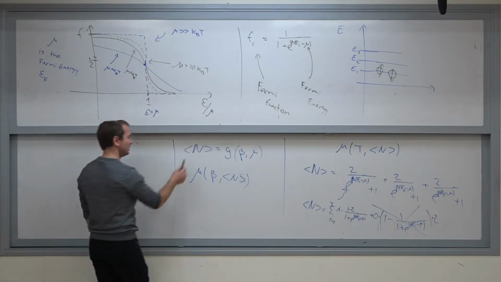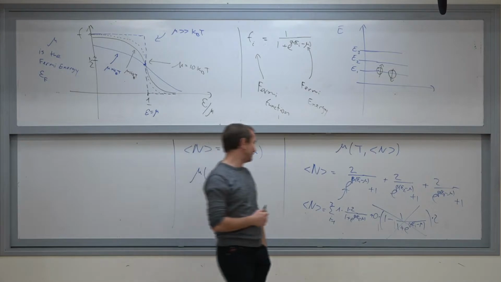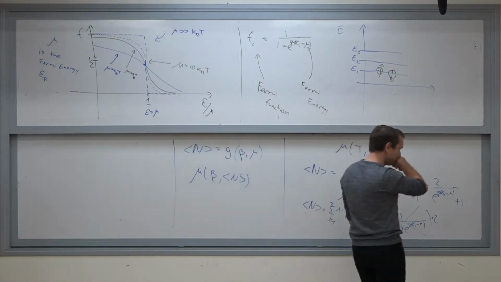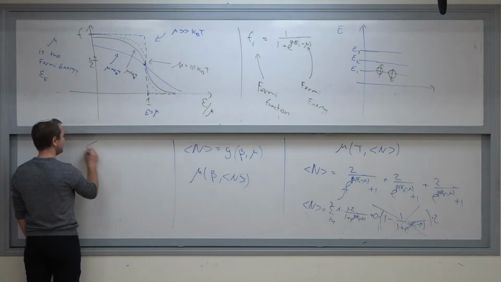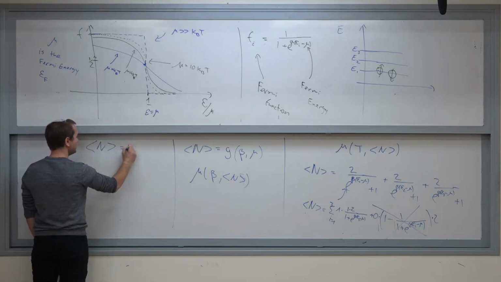Specifically for the system of 3 levels, we had our example of 4 particles. We had the example of average n equals 4.